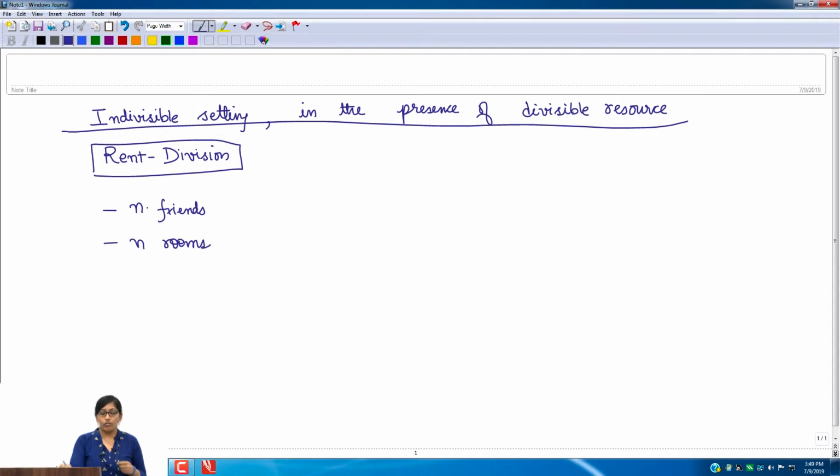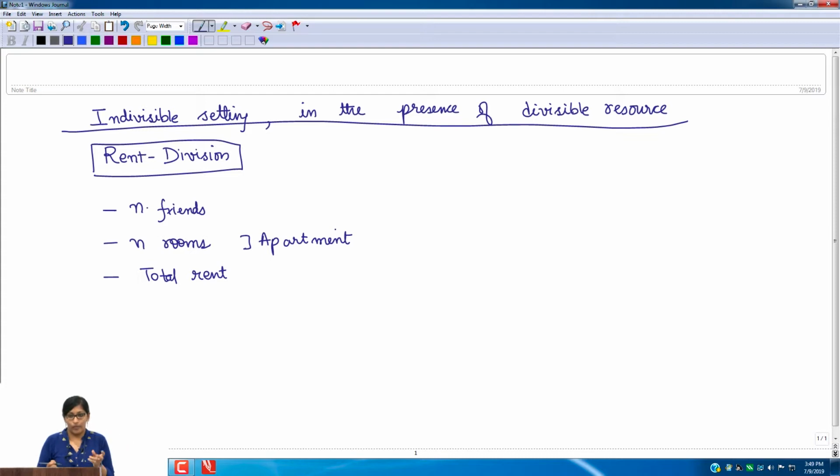This apartment comes with some total rent, and they need to divide the rent amongst themselves such that every room comes up with a rent, and they also need to allocate themselves to these n rooms such that this division is again envy free. I'll be formal in a moment. What do I mean here?